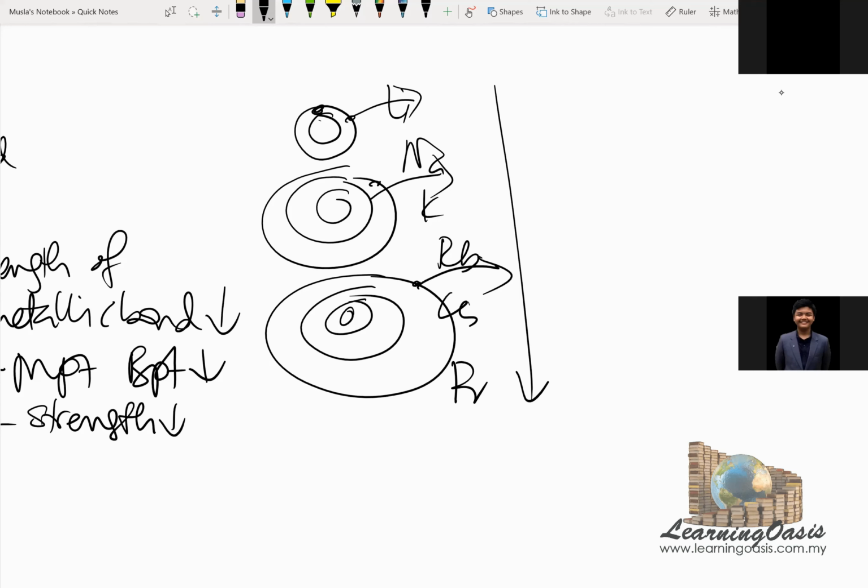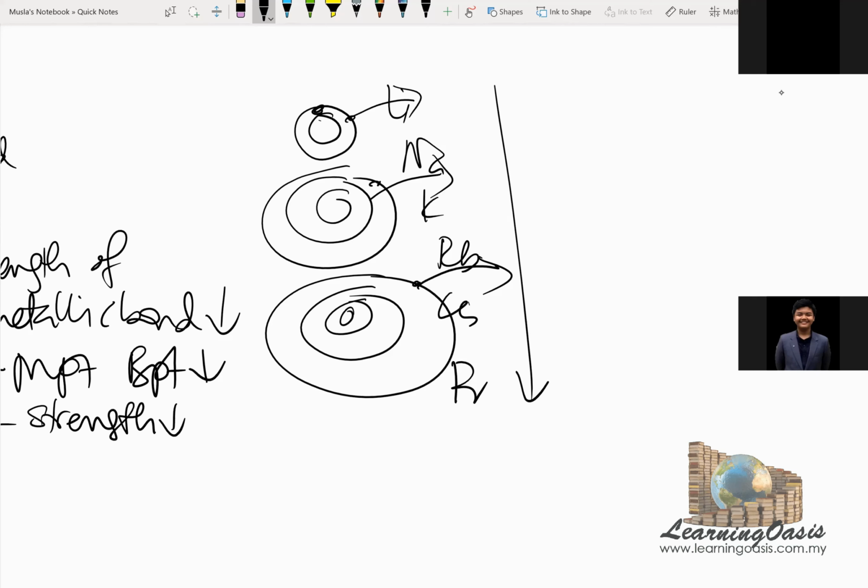Easier, because of the shielding effect again, the number of orbitals. As you go down, you notice that the number of orbitals increases.